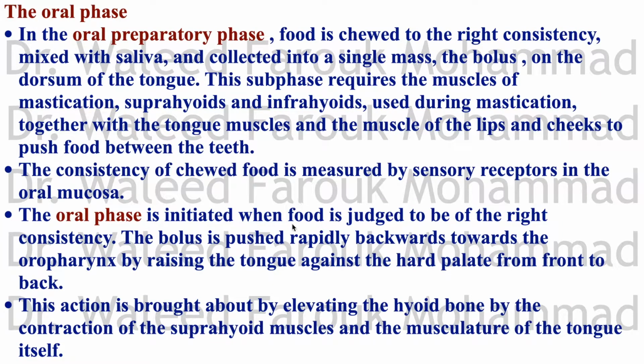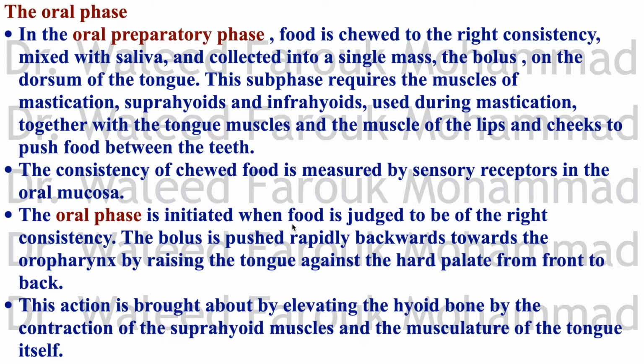The oral phase is subdivided, as we said before, into the preparatory phase. It involves chewing of food to the right consistency before it gets swallowed, and mixing it with saliva and collecting it into a single mass called the bolus on the dorsum of the tongue.